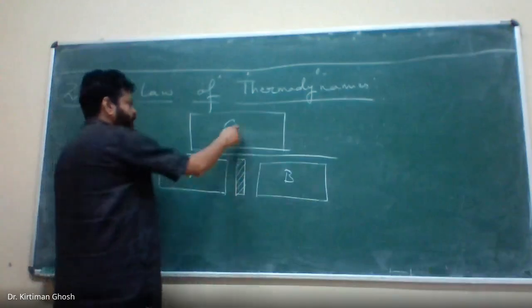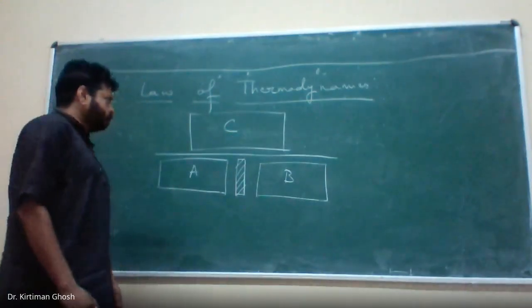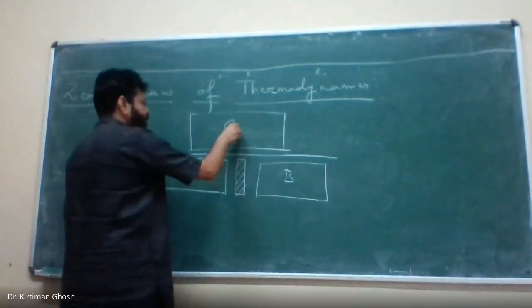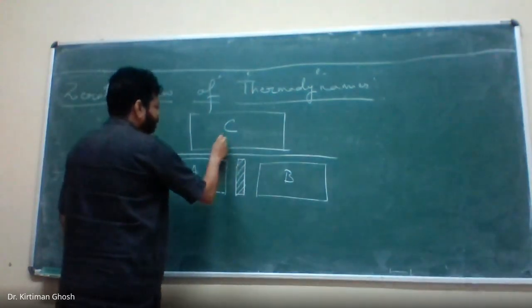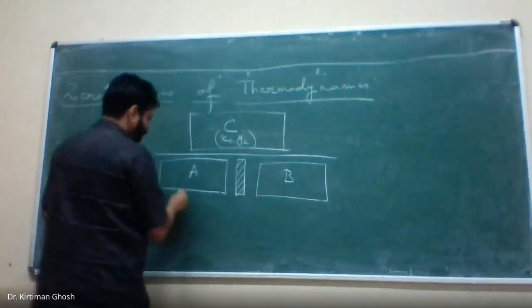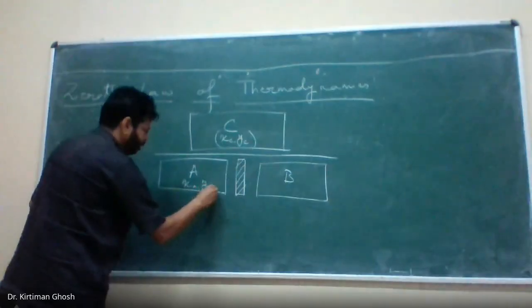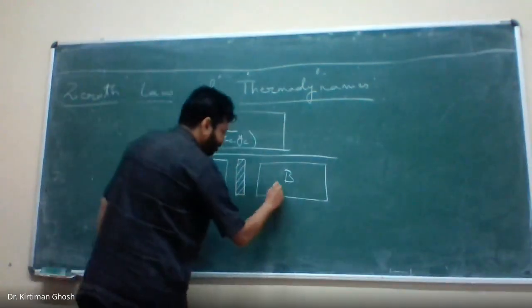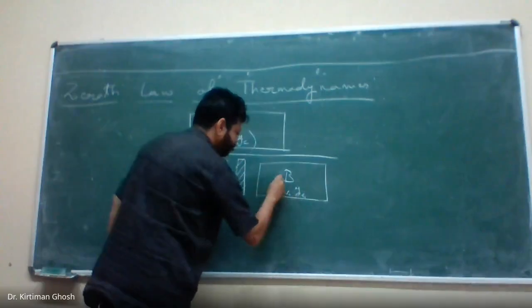Let us assume that the system C is described by thermodynamic coordinates XC and YC, A is described by thermodynamic coordinates XA and YA, and B is described by thermodynamic coordinates XB and YB.